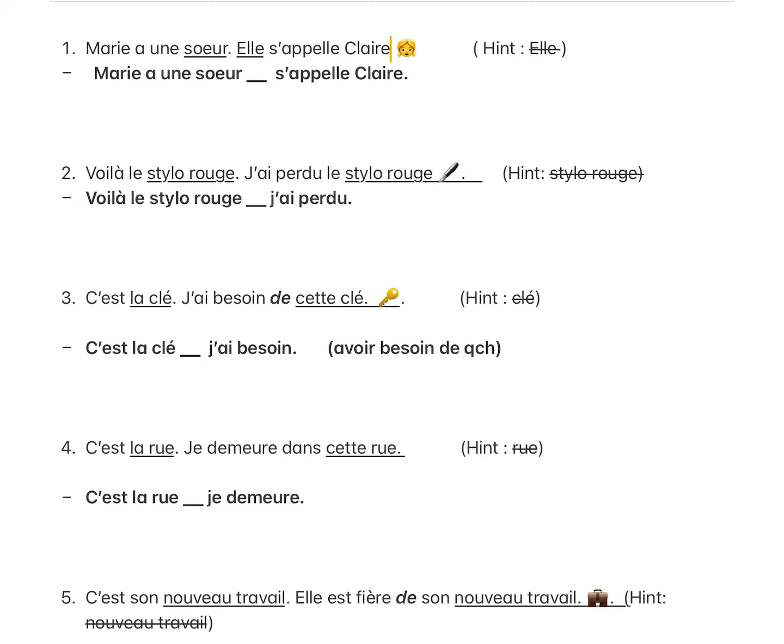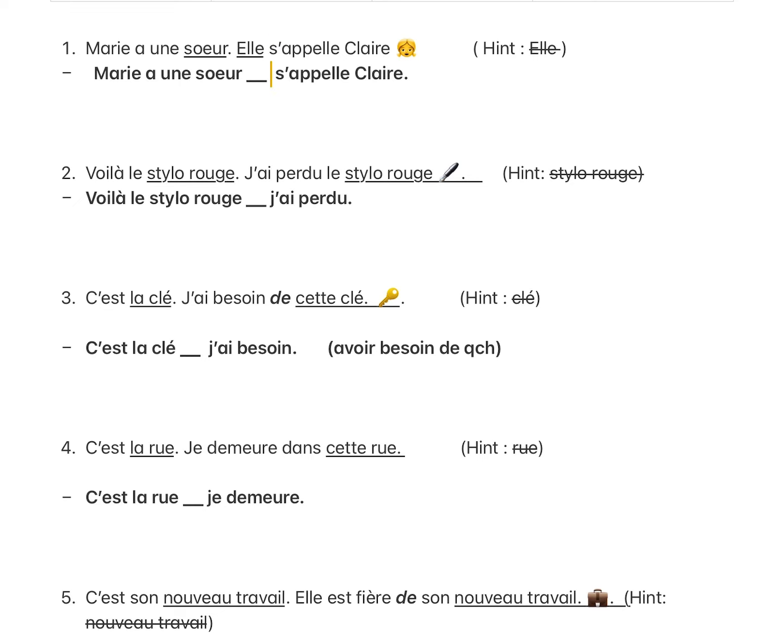We already have the sentence ready, that is, Marie a une sœur blank s'appelle Claire. We also have the hint, that is, we need to drop the subject pronoun elle, which is present in the second sentence. So all that we have to do now is simply choose the correct simple relative pronoun.